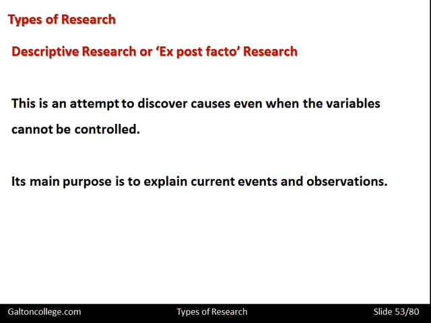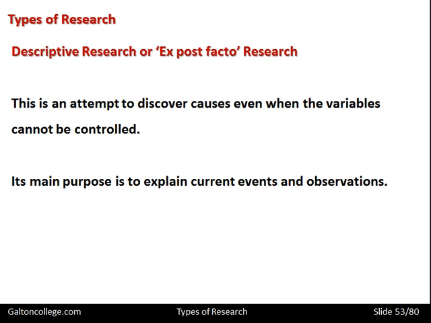Its main purpose is to explain current events and observations. So it's trying to work out what is happening perhaps in the market right now. We can't sometimes control the variables in the market. We can't control customers, and we can't control retailers, and we can't control government influence, and we can't control health warnings, and there are so many issues that can't be controlled that may impact on the market.